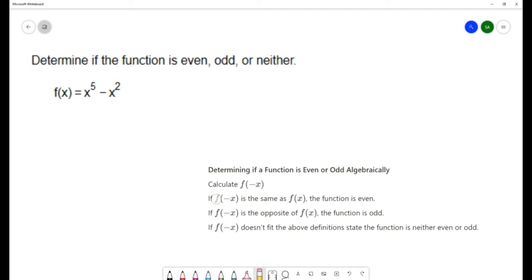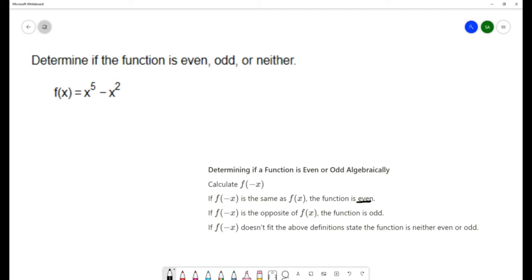And if that calculation of f of negative x is the same as the original function, we know that it's even. And if it is the opposite of the original function, we know it's odd. And we get that from the definition.